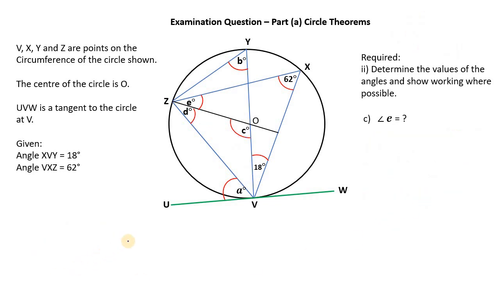Angle E. Let's look at angle E. Now, if we look at angle E here, angle E is basically part of a triangle. Triangle XZV, the bigger triangle here, right?